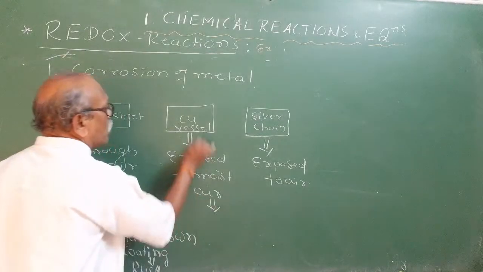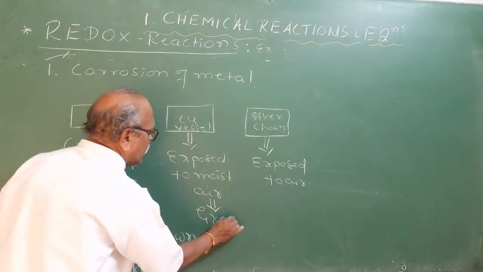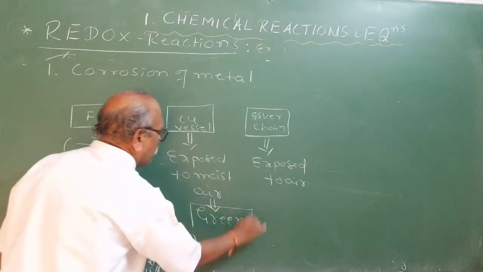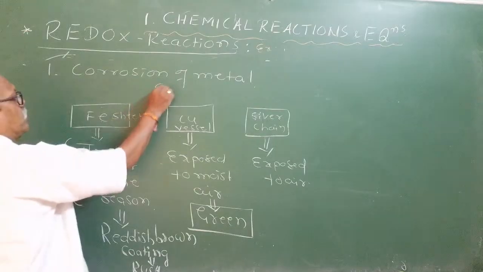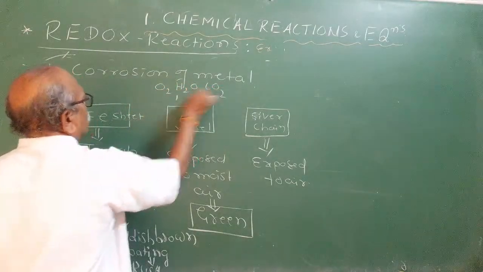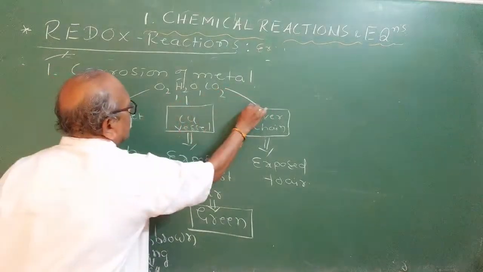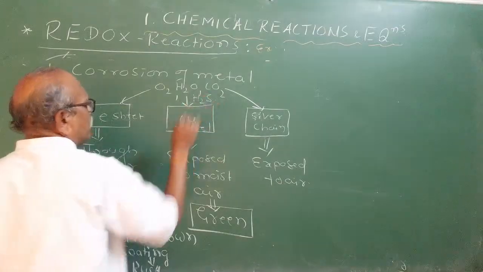Generally when copper vessels are kept in moist air for a long period, they develop a green color. Remember, copper undergoes a reaction. Moist air consists of oxygen, water and carbon dioxide, and all these will attack. Even hydrogen sulfide will be present in the air.